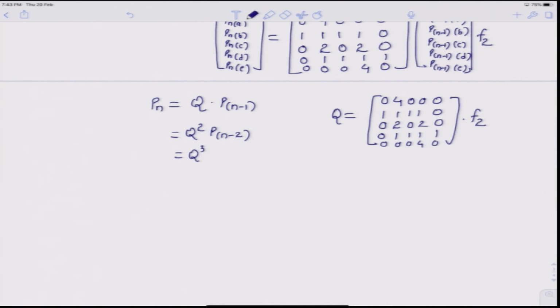This should be Q cube P n minus 3, and if we keep writing this, we can write Pn is equal to Q to the power n times P0, where P0 is the probability matrix that the vacancy will be at the site S after making 0 jumps.